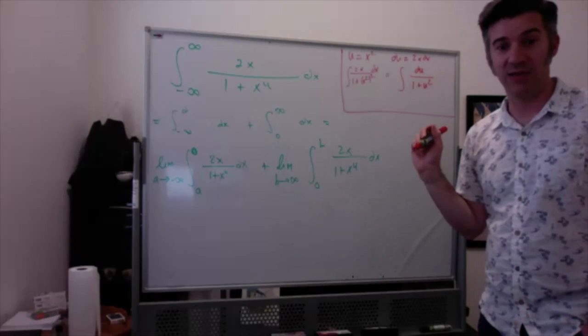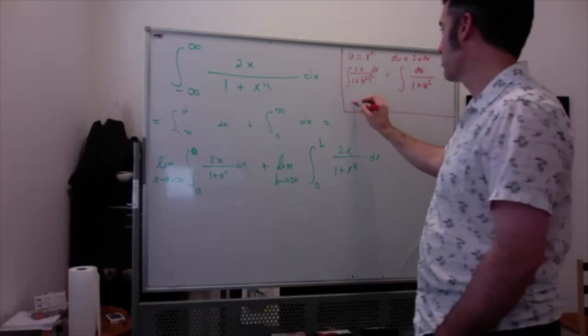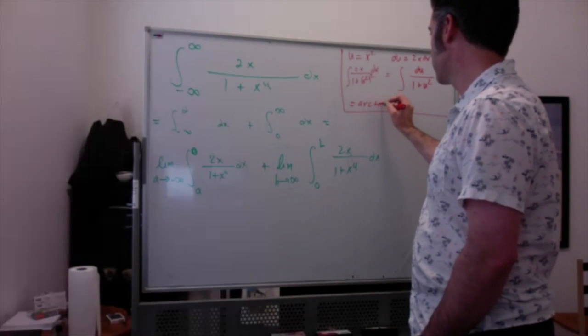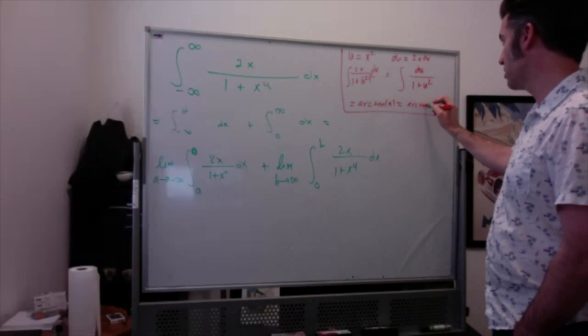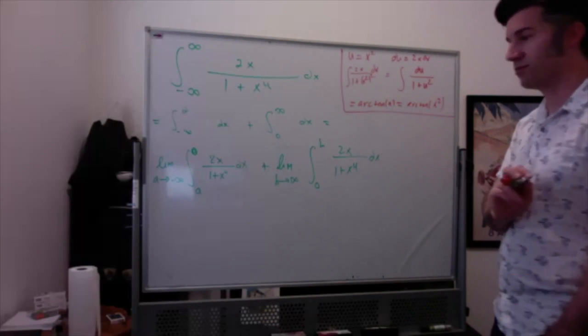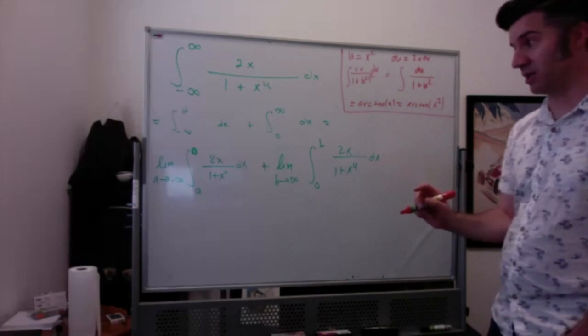And we know the antiderivative of 1 over 1 plus u squared is the arctangent of u, which is going to be the arctangent of x squared. All right, so that's what each of these is going to equal.